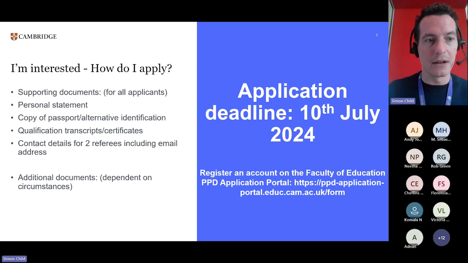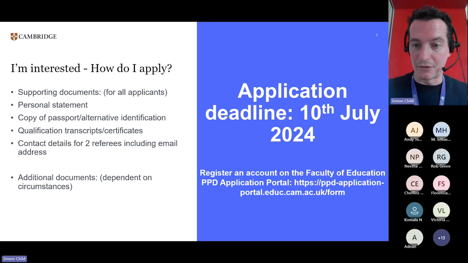Things to have to hand ready to submit as part of your application would be the supporting documents that you require. This would be information, for example, about the two referees that you would have as part of the application process. If you have an undergraduate degree, a qualification transcript or a certificate for that degree would be useful to include.